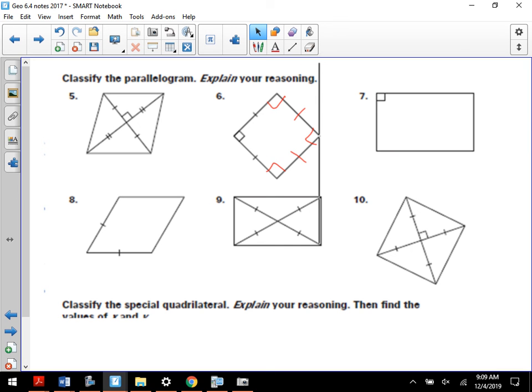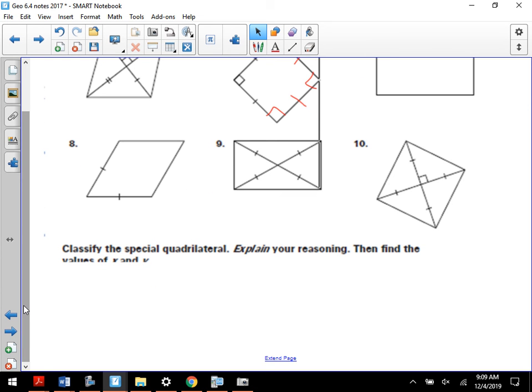It could just be a plain parallelogram. What makes it more specific, though? When you're saying rhombus, what do you know about a parallelogram? What do you know about the sides? Opposite sides are congruent. So if this side has to be congruent to this side, which means this side is that side, now you've got all 4 sides, therefore it is the rhombus. It can't be the square because it doesn't have what? The right angles, yeah. The 90s.